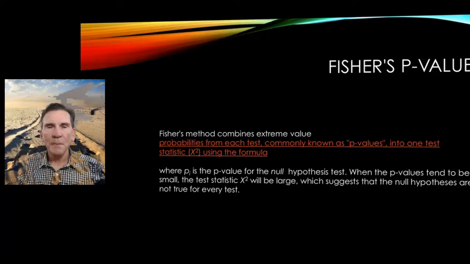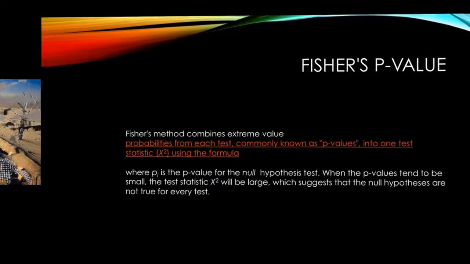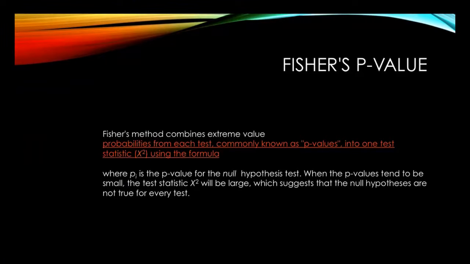Fisher's p-value. Fisher's method combines extreme value probabilities from each test, commonly known as p-values, into one test statistic, which would be x squared, or p-values, also t-test, meaning that you have two sets of values, using the formula x squared, where p is the p-value for the null hypothesis.